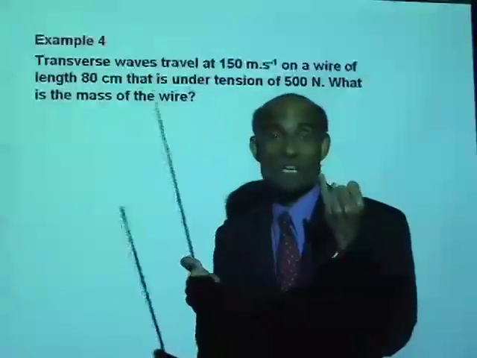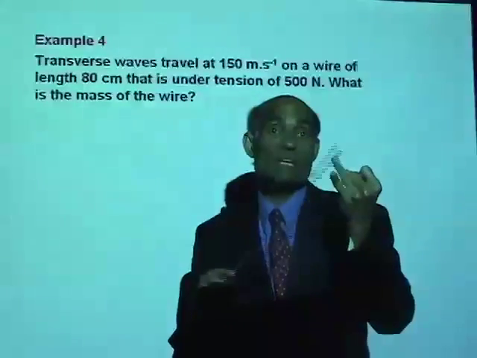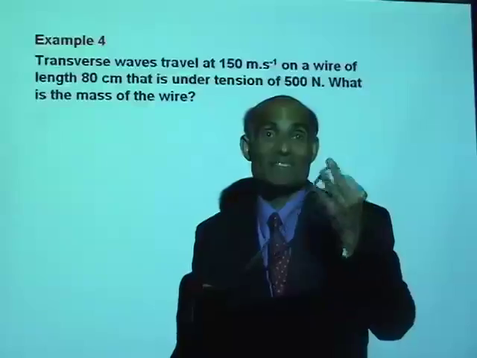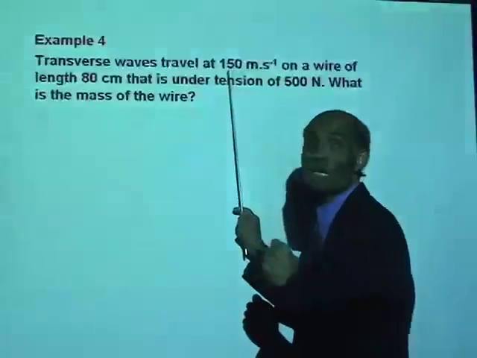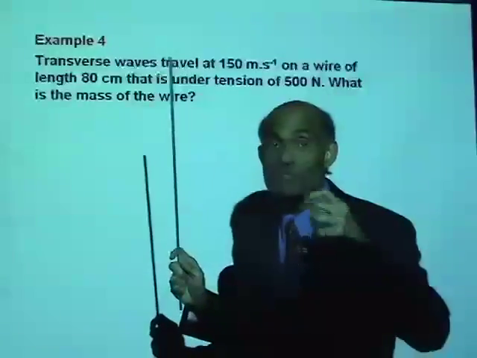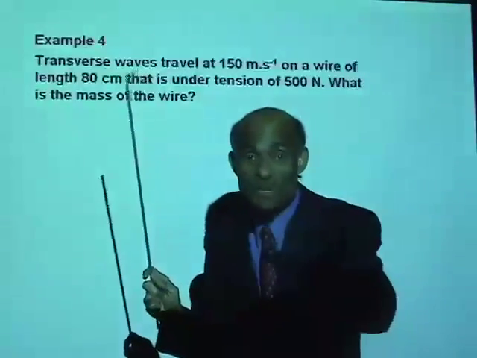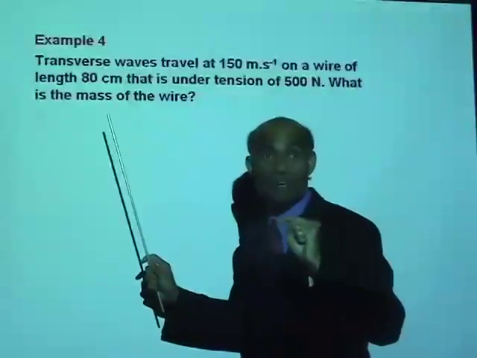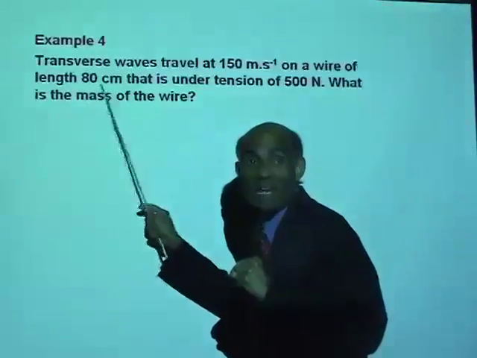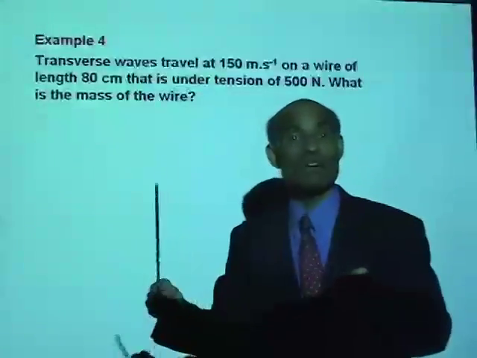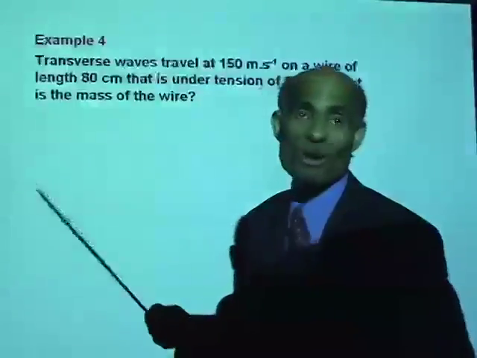You see, there are three quantities involved there: speed, tension, and mass per unit length. If you know the speed and the tension, we can use those two values to find the mass per unit length. Is that right? And once you know the mass per unit length and the length of the wire, we can calculate the mass of the wire. That is the strategy for the problem.